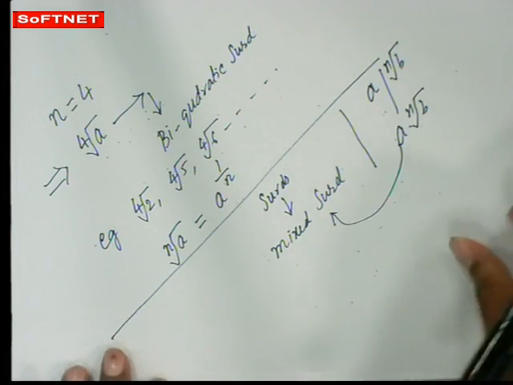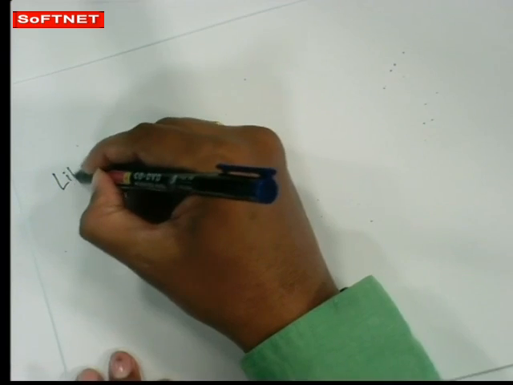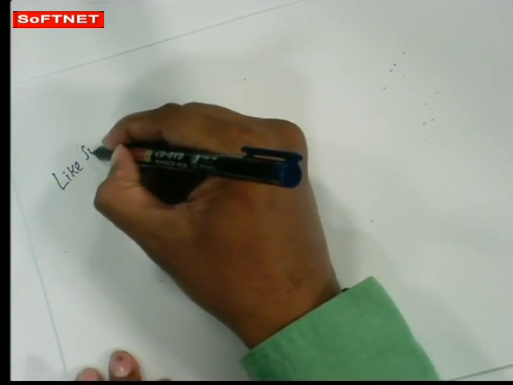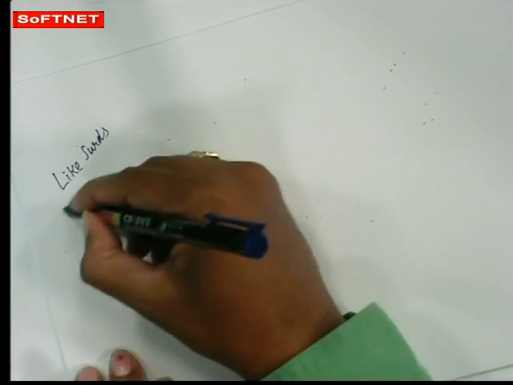So now let us examine some more types of surds. Like surds. What do you mean by like surds? It can be discussed by considering some examples.